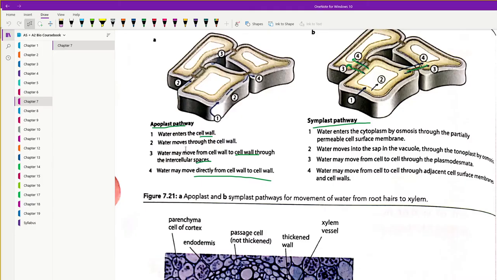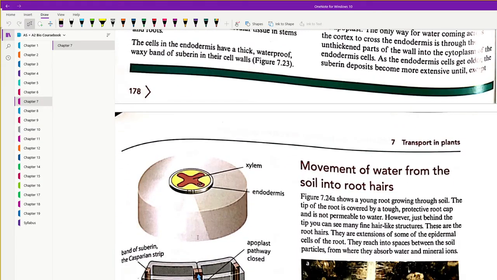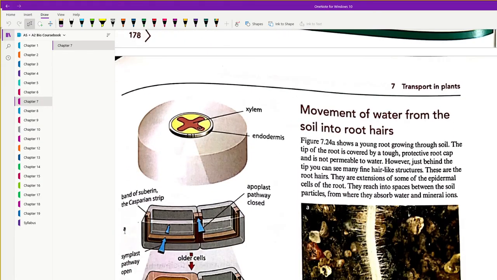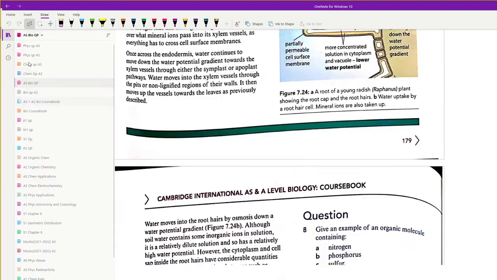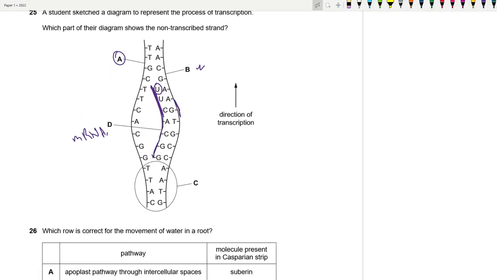You guys need to understand something though. The apoplast pathway is blocked. Where? Due to the band of Suberin, the Casparian strip in the endodermis. So apoplast pathways through the intercellular spaces.